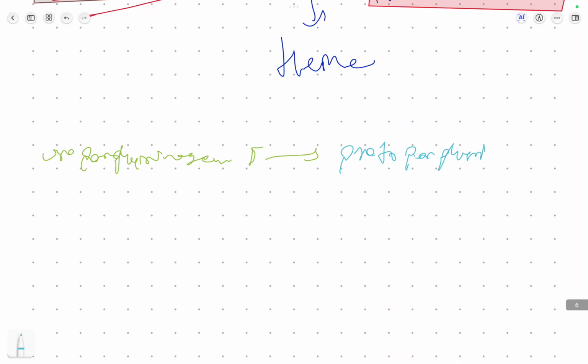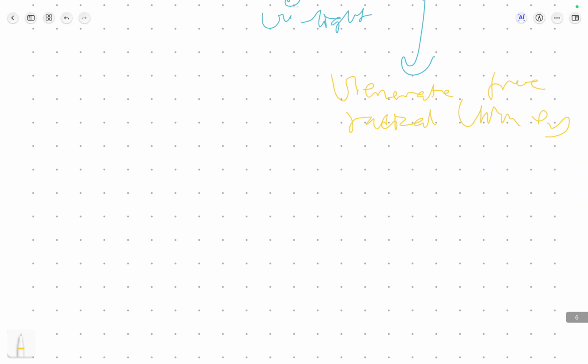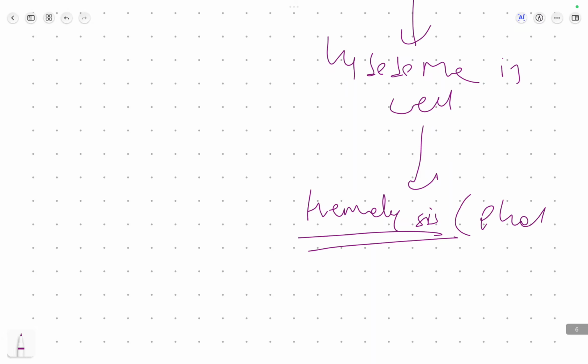And now, in the presence of UV light, this protoporphyrin will generate free radicals like oxygen. And this free radical will act on the lysosome in the cell, and this lysosome will cause the cell to burst, causing hemolysis, and this is the cause of photosensitivity.